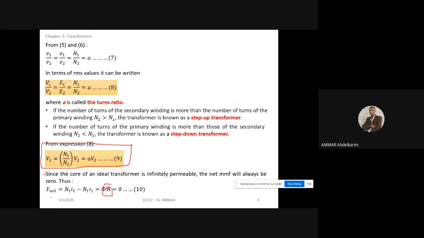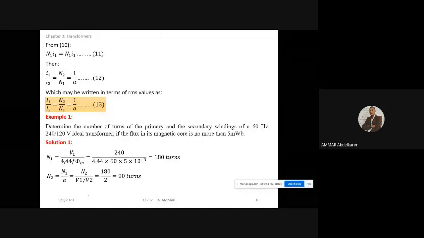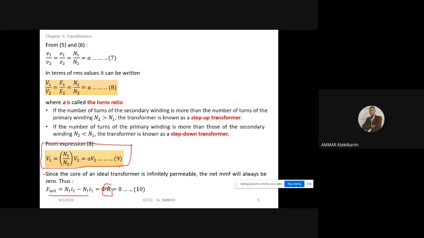This is like Kirchhoff's law: in a mesh, the voltages sum to 0. We have seen the relationship between the turns ratio and the voltage. Let's now see the relationship between the turns ratio and the current.